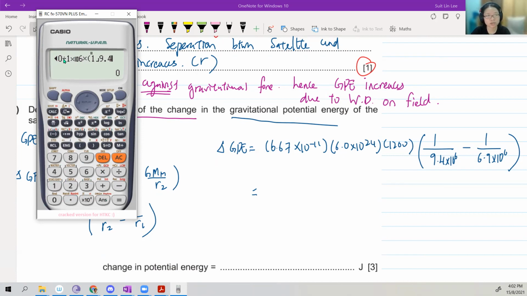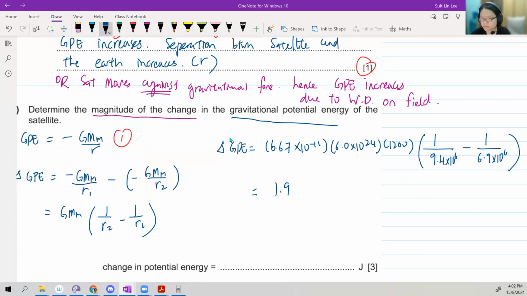So it's divided by 1 times 10 to the power of 6 minus 1 over 6.9. Okay, ta-da. So I'll get 1.85, 1.9 times 10 to the power of 10.